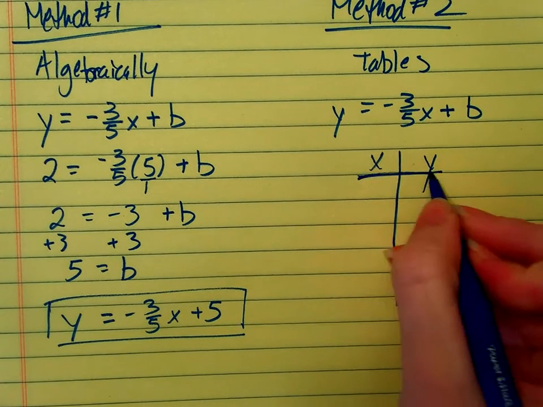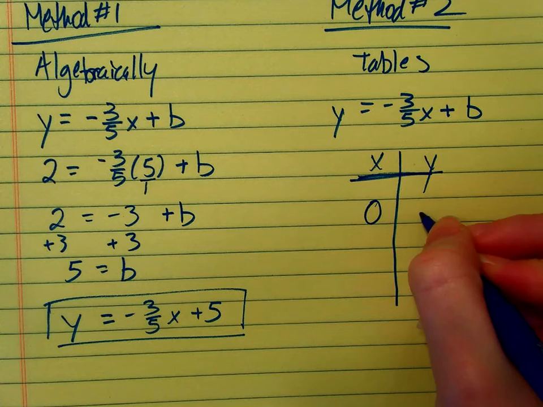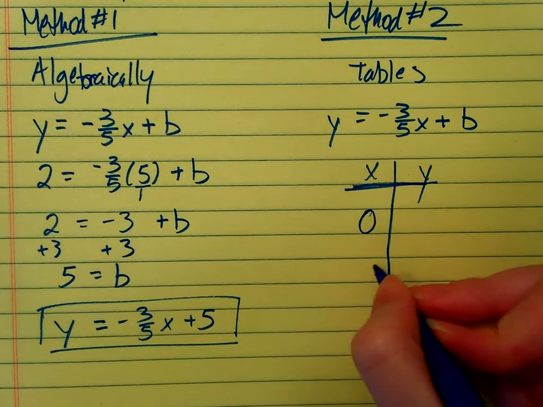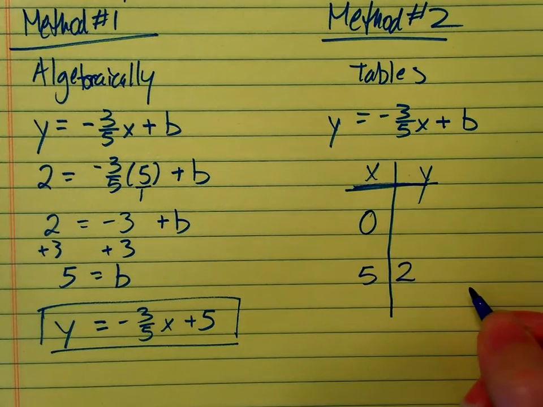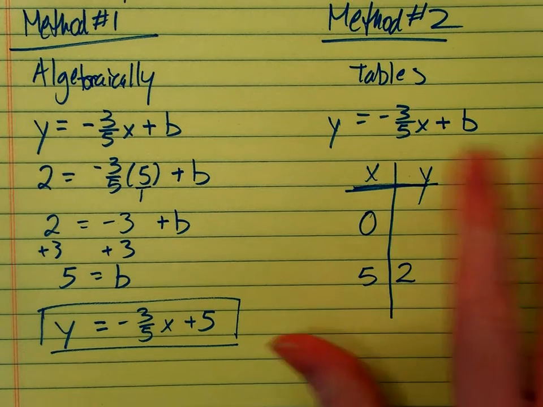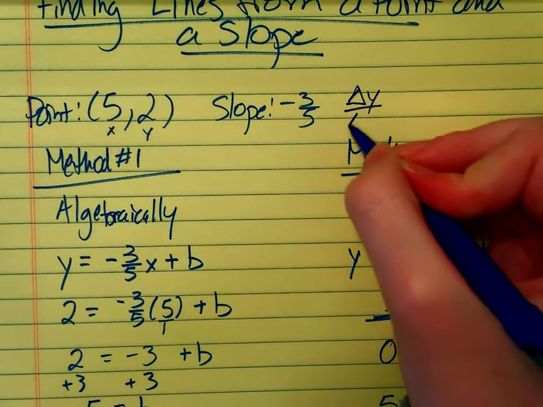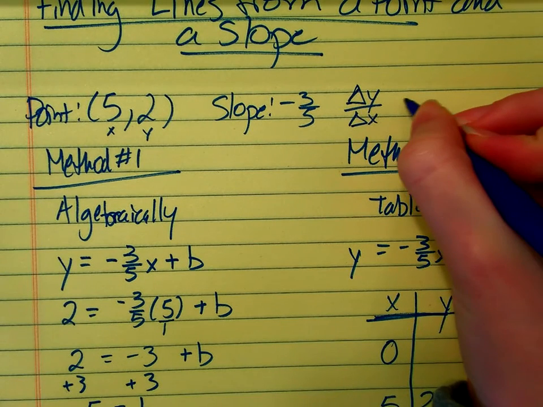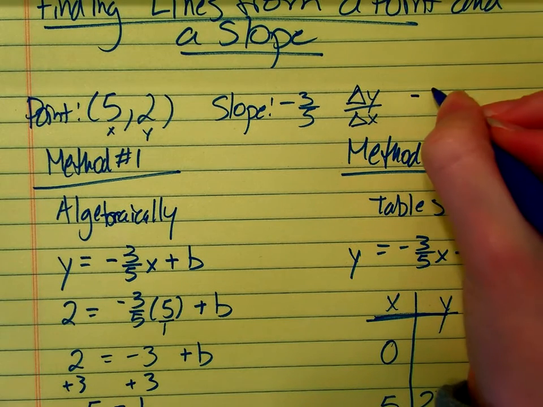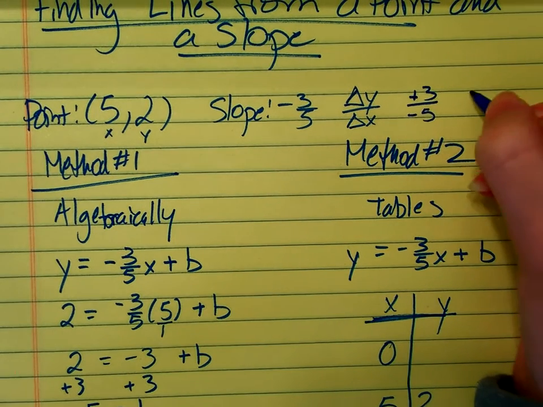Now your second method you can use is finding missing values from a table. So remember, you're trying to figure out when x is 0, what is y? And you're given that (5, 2) exists on your line. Well, you already know from your slope that this is the change in y over the change in x. So if your y changes by adding 3, your x subtracts 5, and vice versa.